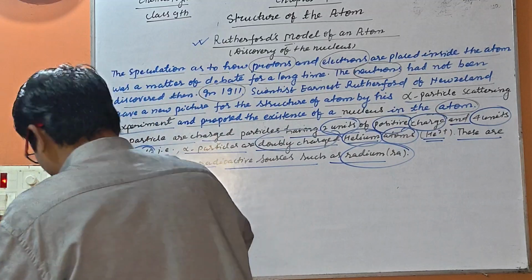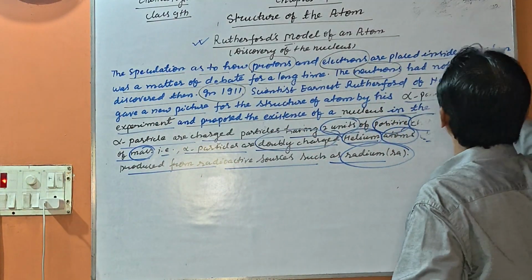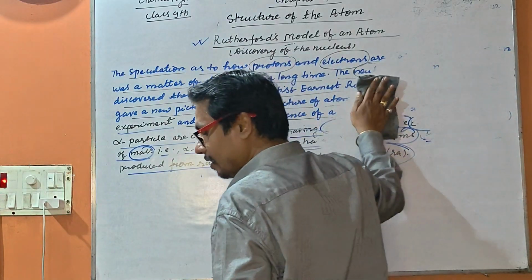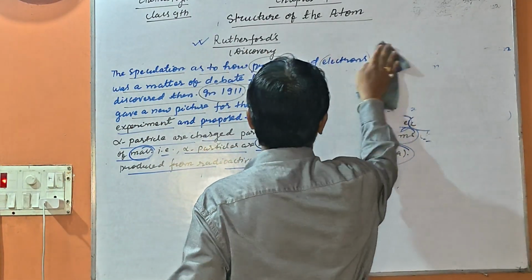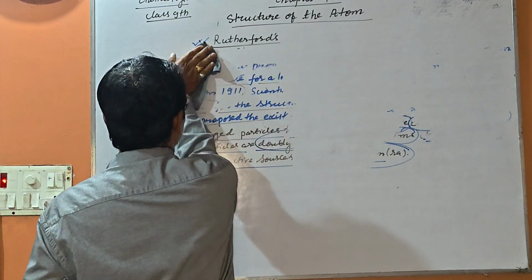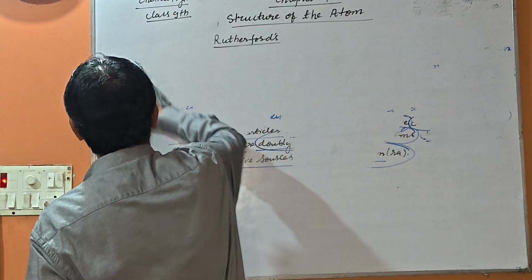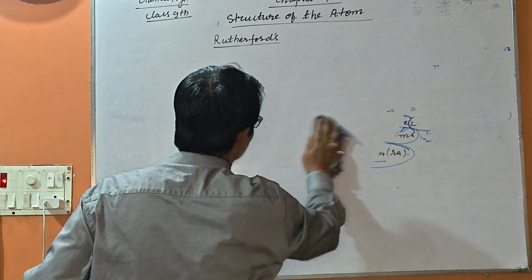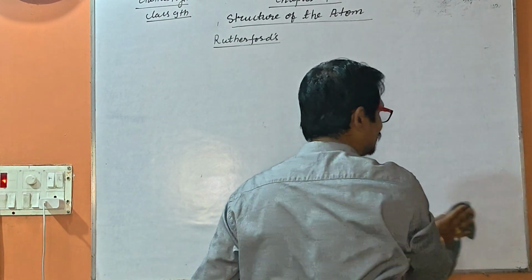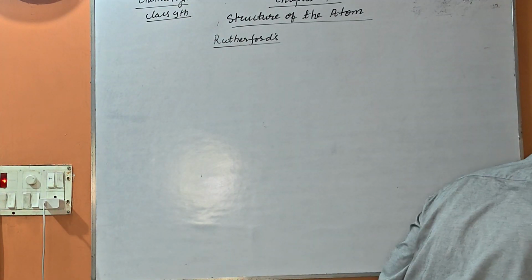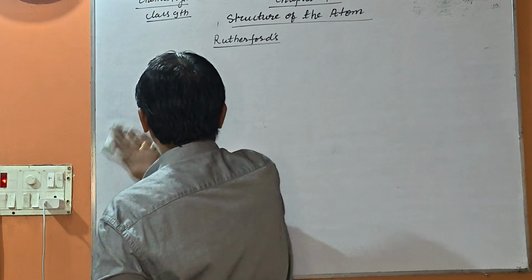Let us understand the Rutherford experiment by the picture. My dear students, let us understand Rutherford's experiment in an explanatory way, step by step. These are the introduction to the Rutherford experiment, and then the whole experiment, how it happened and how it was done.